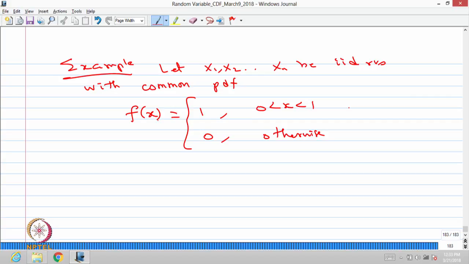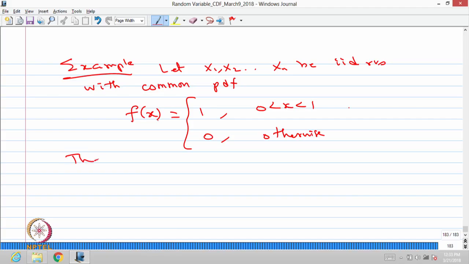By using the previous result, one can get the probability density function of any rth order statistic.